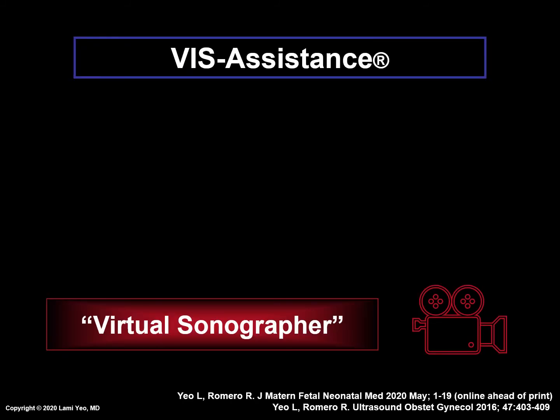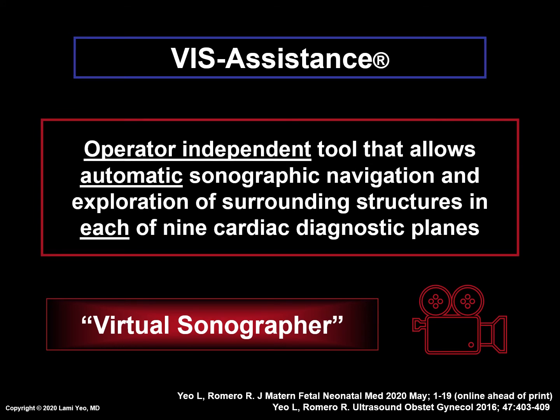VISA Assistance is an operator-independent tool that allows automatic sonographic navigation and exploration of surrounding structures in each of the 9 cardiac diagnostic planes. It is essentially a virtual sonographer in the form of video clips for each of the 9 cardiac views.